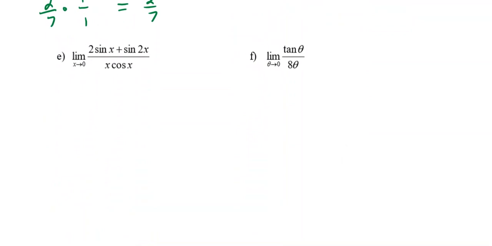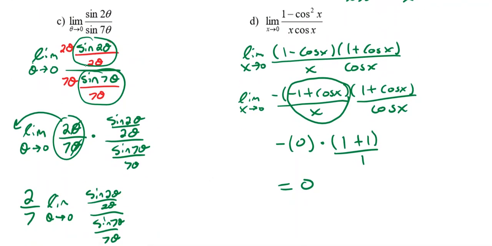Okay, E. So the limit as x approaches 0 of 2 sine x plus sine 2x all over x cos x. All right, so let's write it out. So the limit as x approaches 0 of, I'm going to leave this the same for now, 2 sine x. Now, this double angle here seems prime for me to change it into an identity. This isn't like a situation above where we were able to rewrite it over some other angle, because that was just a single term.